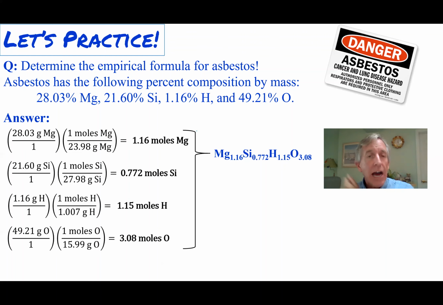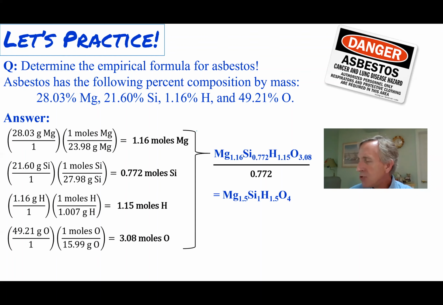So divide by the smallest number so that you get a whole number integer, at least for one of the atoms in the formula. And when you do that, you're getting closer. But notice even in this formula here, your Mg 1.5 Si 1 hydrogen 1, how can I have half an atom? So I can't.